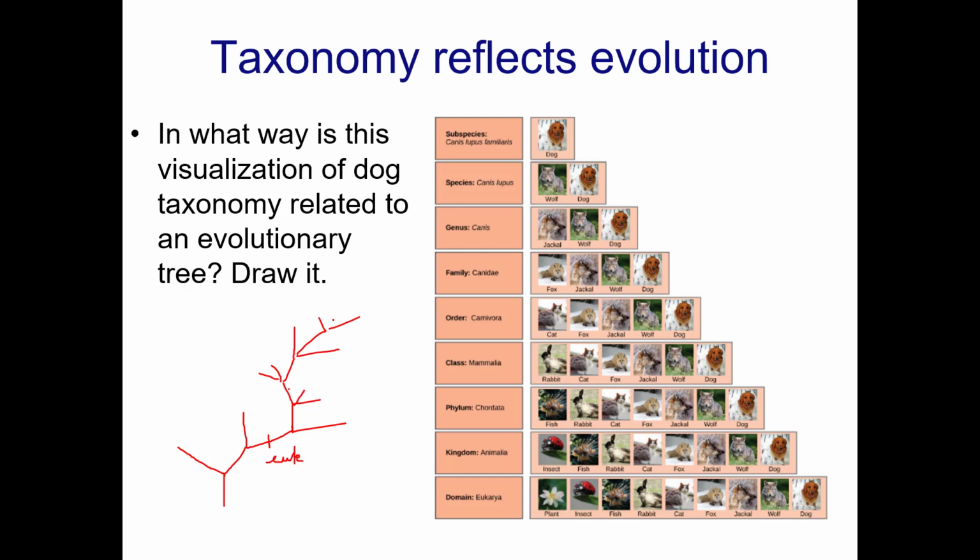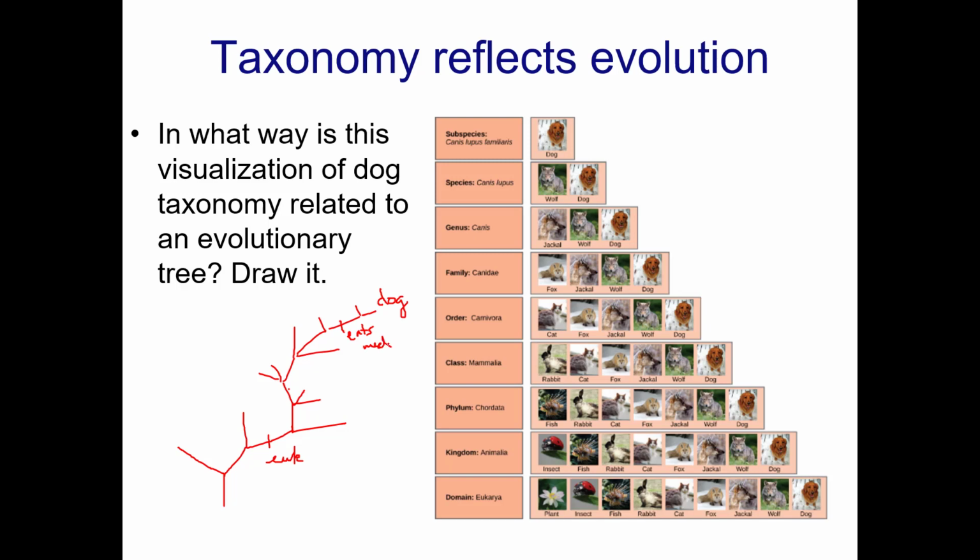And it keeps going. And each branch, eventually you get to dog. But each branch represents a more and more narrow group that corresponds to each of these classification groups. So, you know, here, somewhere here, you have eats meat. So that would be the carnivores.